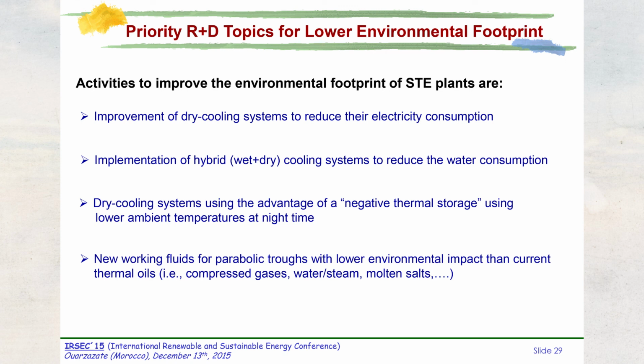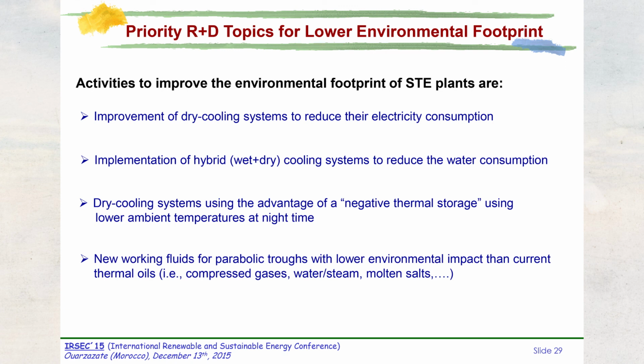So we have to find new working fluids with a lower environmental impact, because oil is good enough. This is why we are using oil today, but it's not the perfect choice, because it's pollutant.